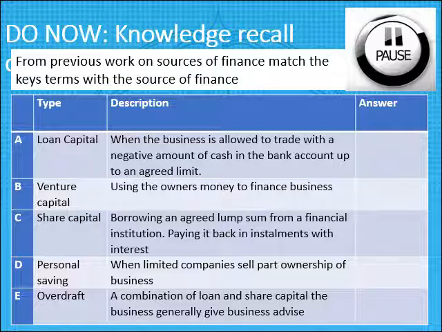So, for example, if you think that this definition, when a business is allowed to trade with a negative amount of cash in its bank account up to an agreed limit, and I'm giving you the answer here really, if you think the answer is E, overdraft, then in the section under the answer, you put down E. So can you have a go with the rest of them, please, and pause the screen to continue with the exercise.